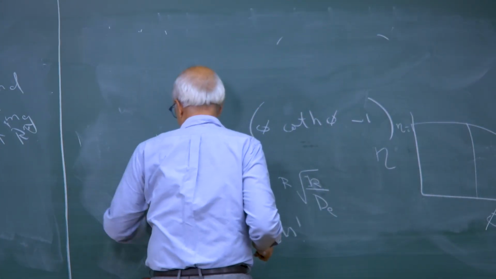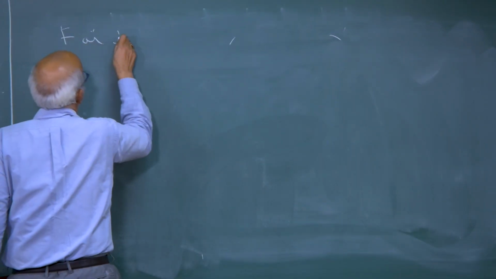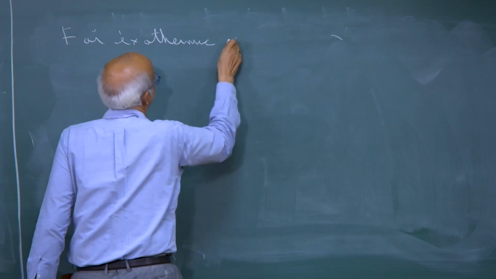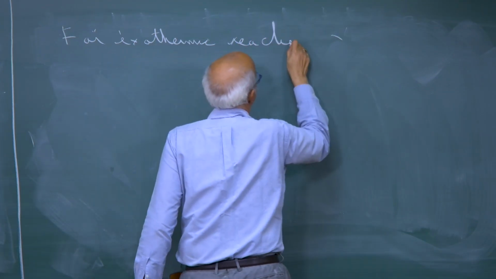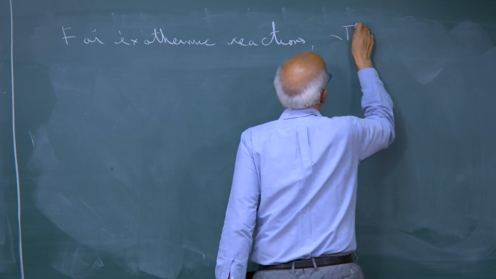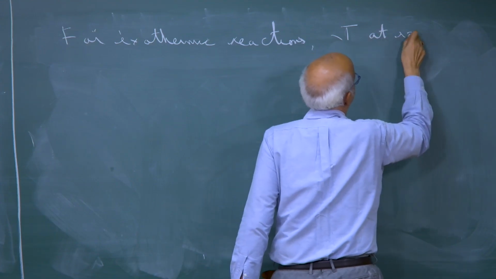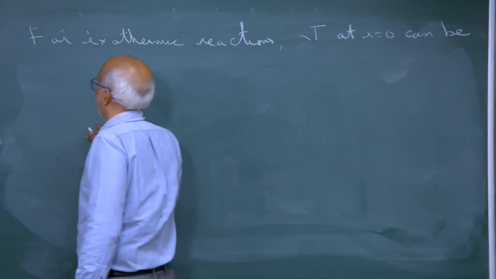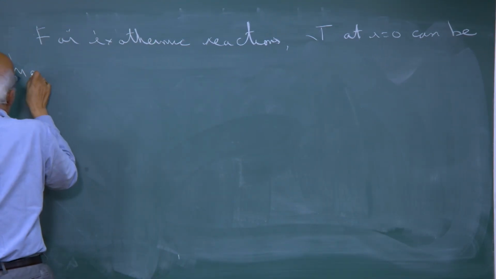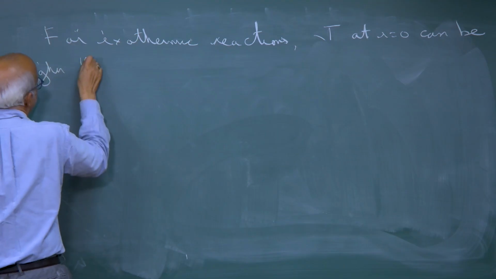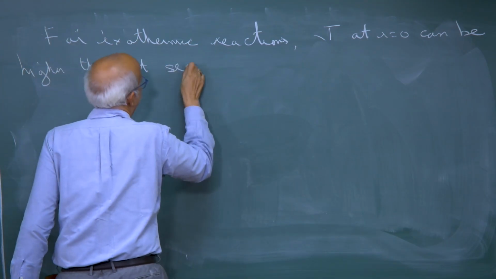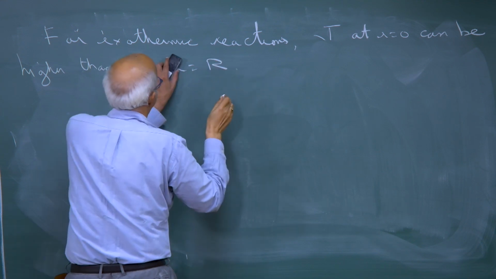So, for exothermic reactions, temperature at r equal to 0 can be higher than at the surface at r equals R. Okay.